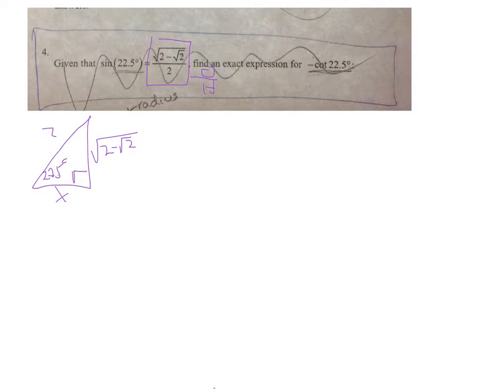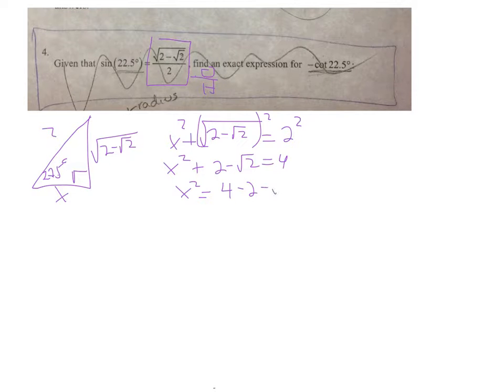So if we use the Pythagorean relationship here, then we know that x squared plus the square root of this guy, squared, equals 2 squared. Let's just flush this out and have a look at what we end up with. x squared equals, let's take all of that other stuff over to the right hand side, 2 minus root 2.